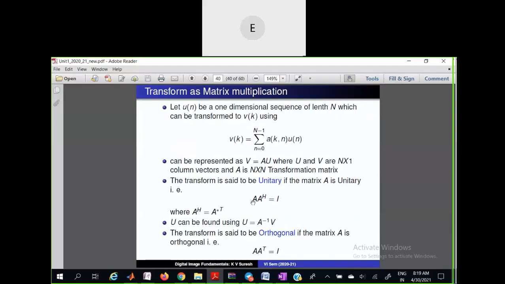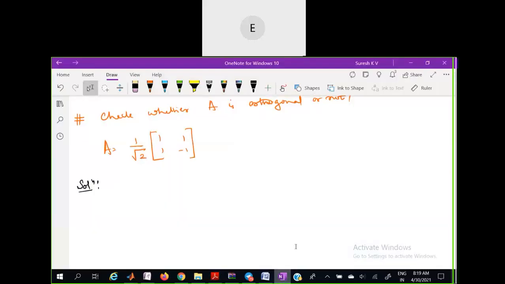In the unitary case, A into A Hermitian is identity, but here A into A transpose is identity. Because the matrix is real, A conjugate will be itself, so it satisfies the condition. So A into A transpose should be equal to identity. This is the condition I have to verify, and you can observe here A is a symmetric matrix.